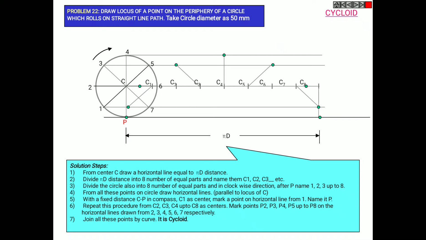Now join all the green colored points smoothly in order to obtain your required cycloid. Before that, mention the points P1, P2, P3 and so on to P8 and join them smoothly in order to obtain your required cycloid.